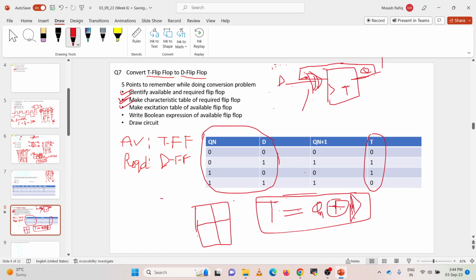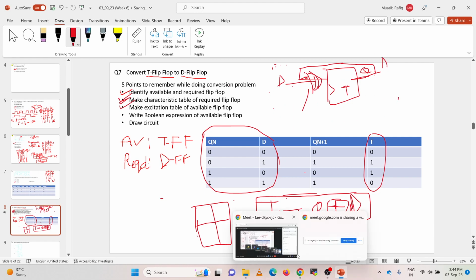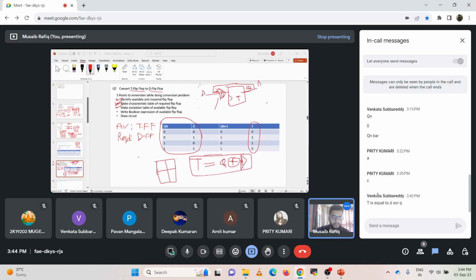So this is D XOR Qn, and finally this whole circuit will behave like a D flip-flop. So someone has written already T is equal to D XOR Q. That's right.